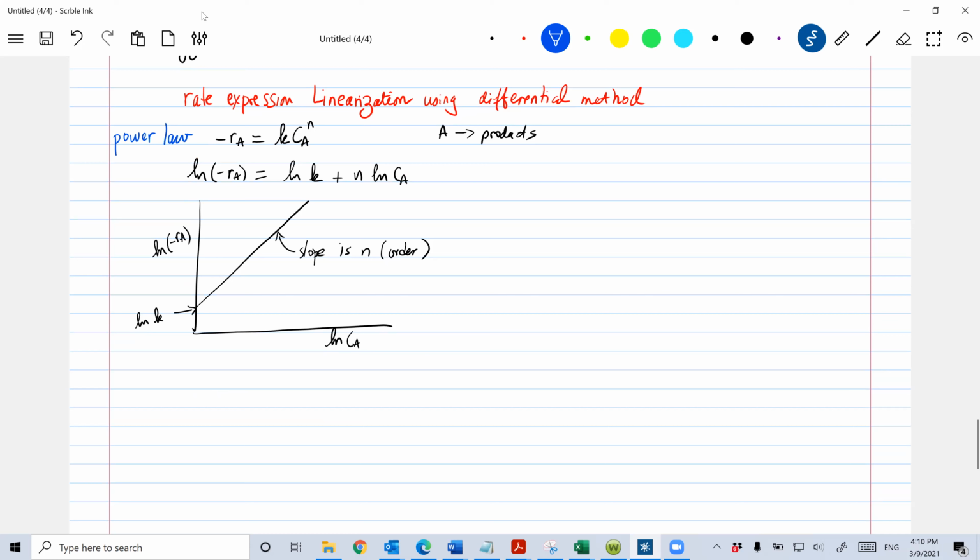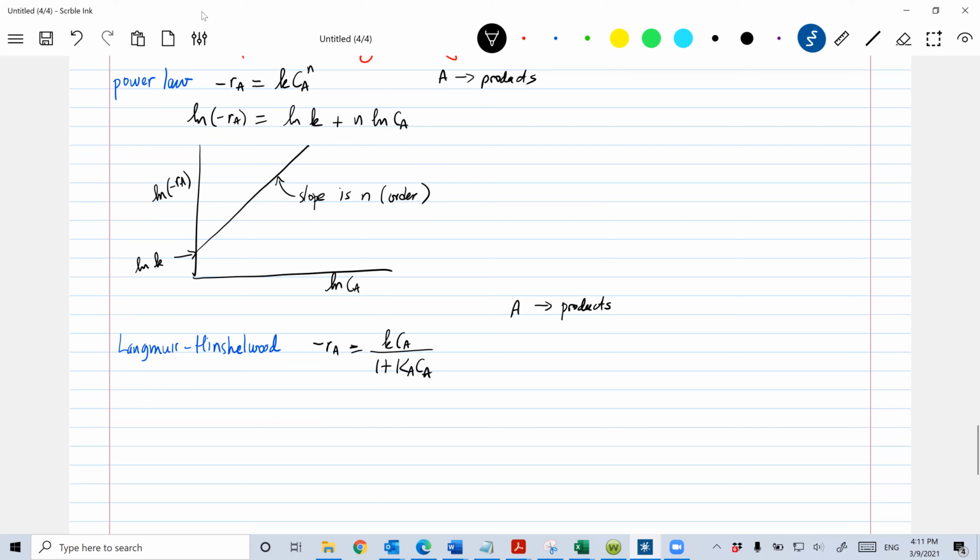So let's say now you have your Langmuir-Hinshelwood, where the minus RA, in this case, is let's say still a gas phase reaction, A goes to products, and the products don't adsorb, right? So only the substrate adsorbs. So you end up with something like K CA over 1 plus KA CA.